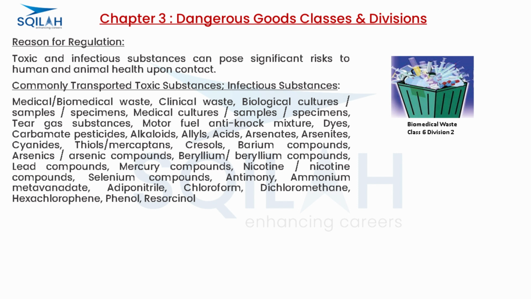Commonly transported toxic substances and infectious substances: medical/biomedical waste, clinical waste, biological cultures/samples/specimens, medical cultures/samples/specimens, tear gas substances, motor fuel anti-knock mixture, dyes, carbamate pesticides, alkaloids, allyls, acids, arsenates, arsenites, cyanides, thiols/mercaptans, cresols, barium compounds, arsenic/arsenic compounds, beryllium/beryllium compounds, lead compounds, mercury compounds, nicotine/nicotine compounds, selenium compounds, antimony, ammonium metavanadate, adiponitrile, chloroform, dichloromethane, hexachlorophene, phenol, resorcinol.